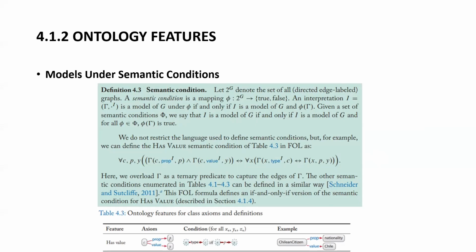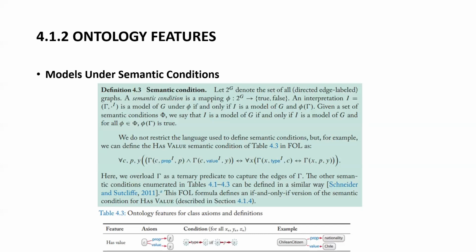As an example, first order logic, or FOL for short, defines the has value semantic condition in Table 4.3 as follows. For all C, P, Y, the semantic condition can be defined such that the preceding and following conditions are satisfied if and only if, IFF for short.